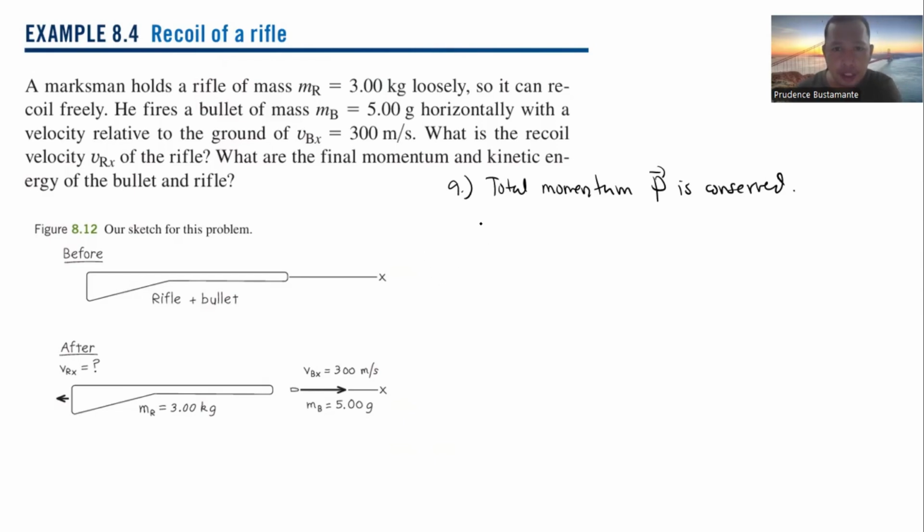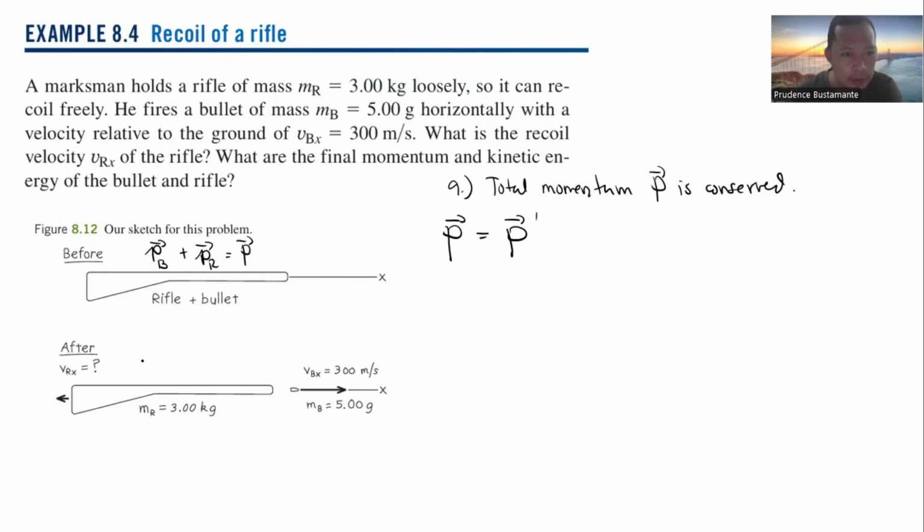Okay, so meaning the P initial is equal to the P final. For the initial values, you have the momentum of the bullet, and you also have the momentum of the rifle. That is your initial momentum.